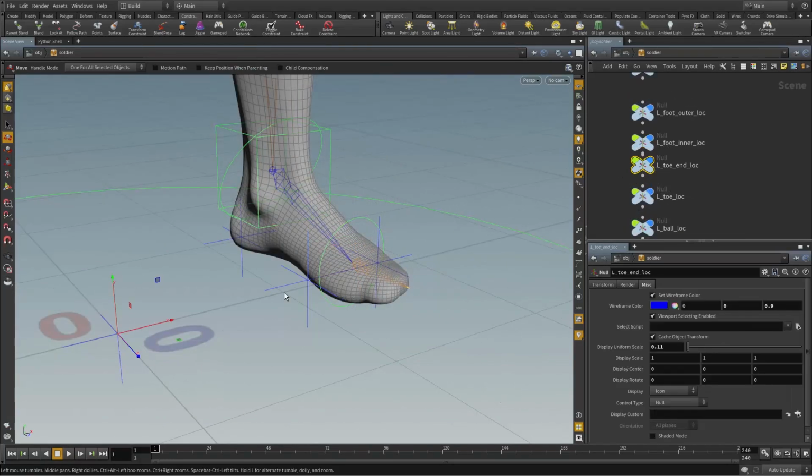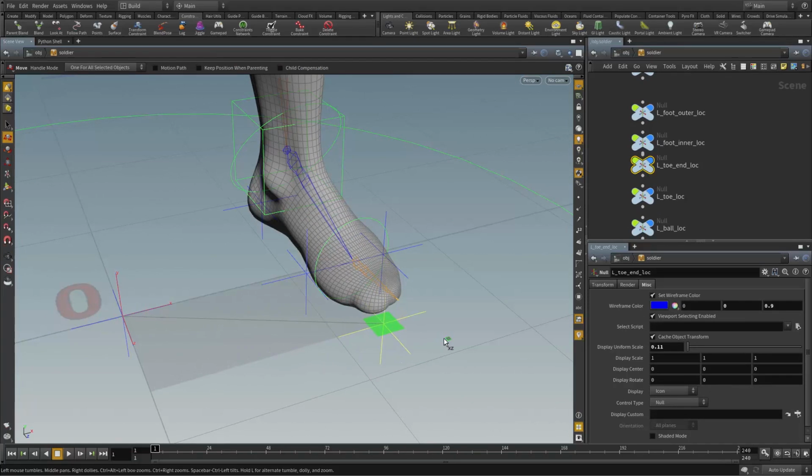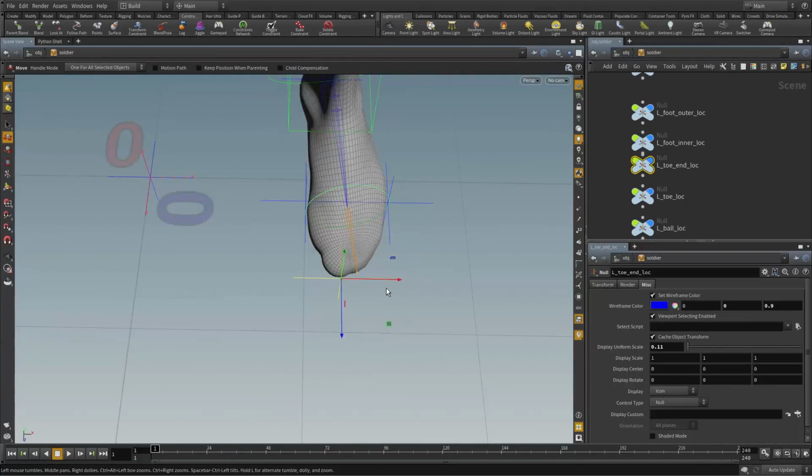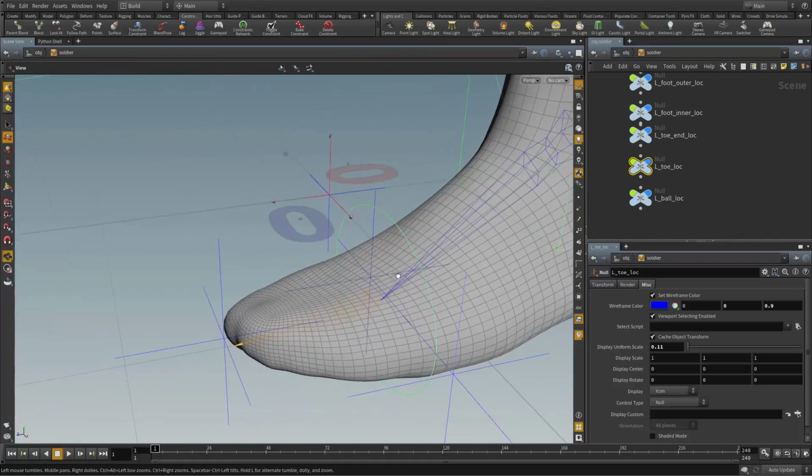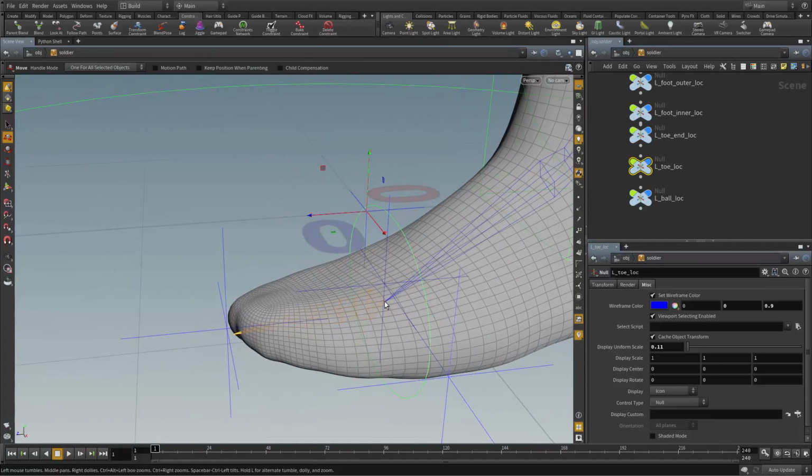Left toe end is going to go at the end of the toe. Something like that. Left toe is actually going to go right here at the root of the toe. And the left ball is going to go right here also at the root of the toe.